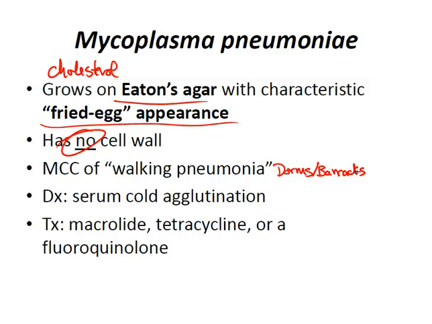To diagnose this guy, you do a serum cold agglutinin. It is nonspecific but generally positive in patients with the infection. Now, a negative test does not rule out Mycoplasma as a potential cause. And how do we treat it? We treat it with a macrolide, a tetracycline, and/or a fluoroquinolone.